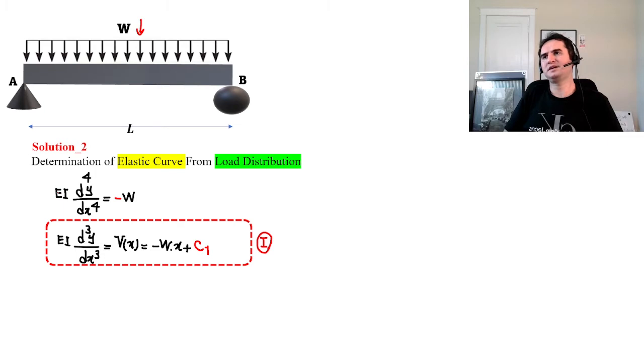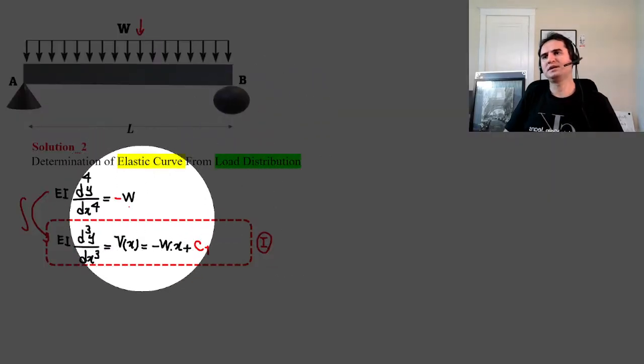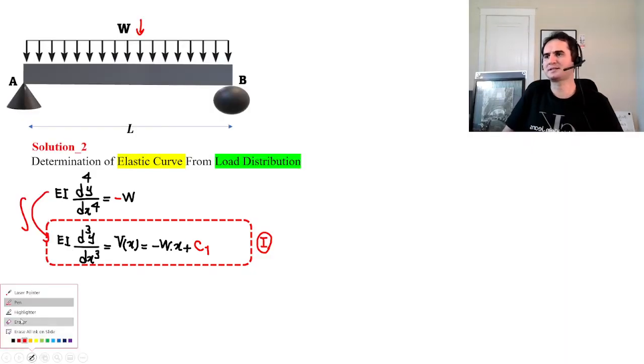By first integration of load, we can reach shear. That means area under load is shear, and by each integration a new constant appears.